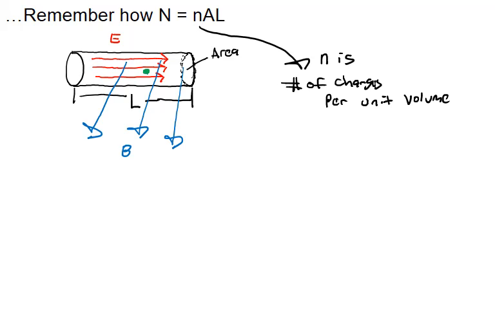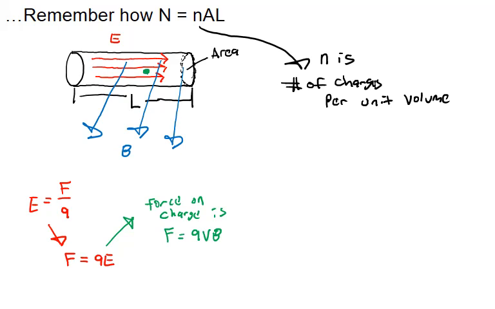The electric field is going to have a force on the charge according to E equals force over Q, so E times Q is the force on it. The force on the charge from the magnetic field is QVB, and we know that as well. So we have the magnetic field force, and then we have the force due to the electric field as well.